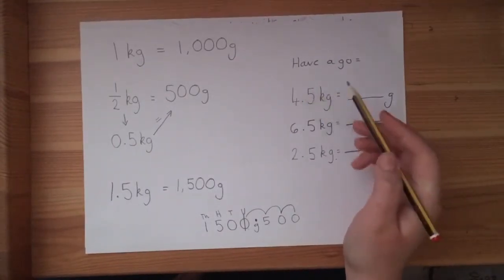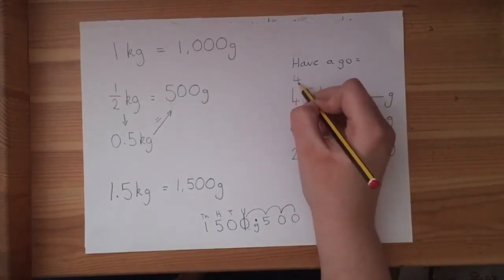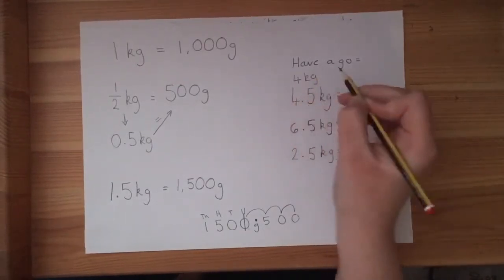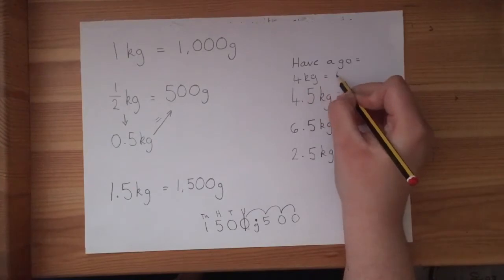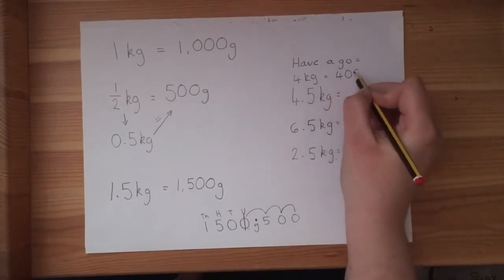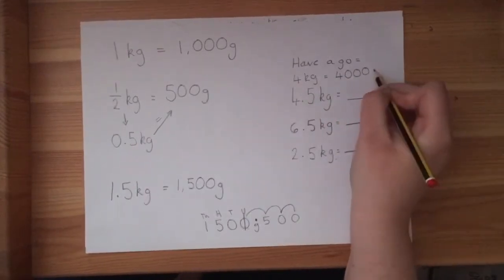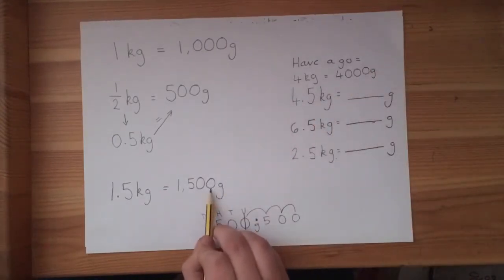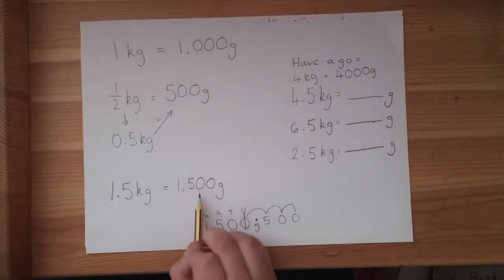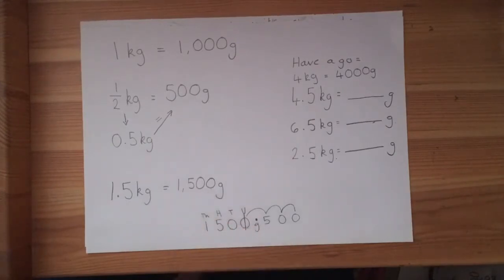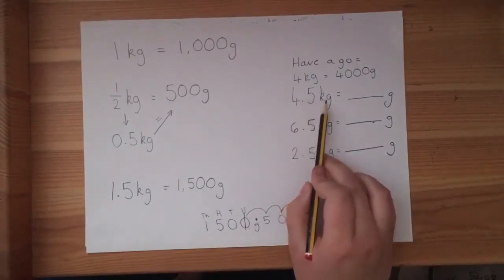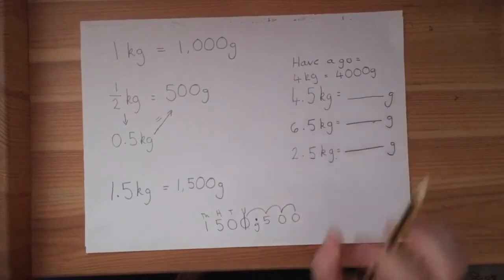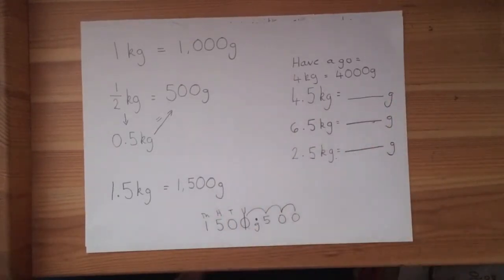If all I had was 4 kilograms, I would have to add 3 zeros to the end. But because I've got a 5 here, I just have to add 2 zeros. So see if you can convert these kilograms into grams. Pause the video now and see if you can have a go.